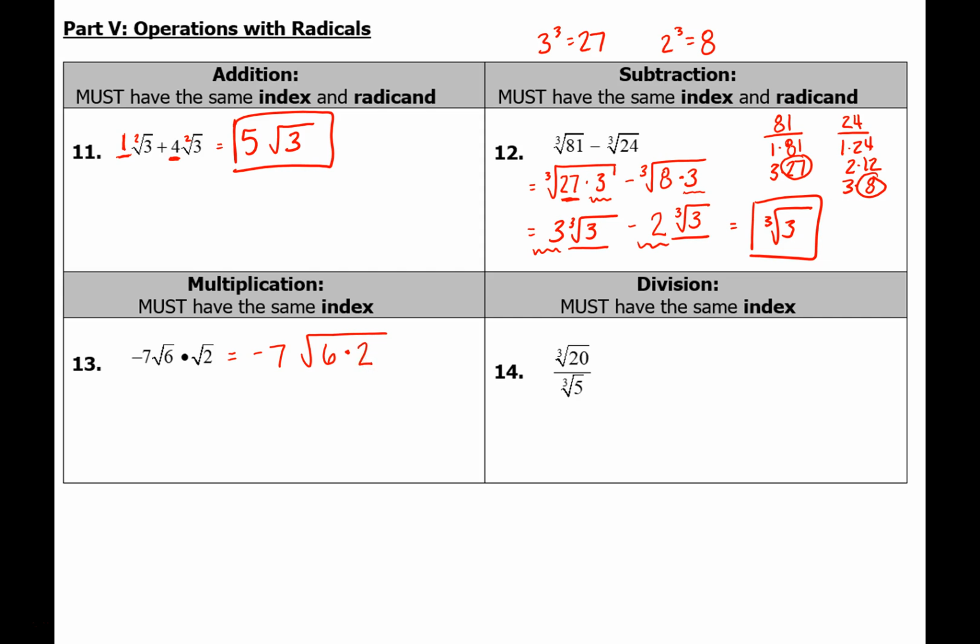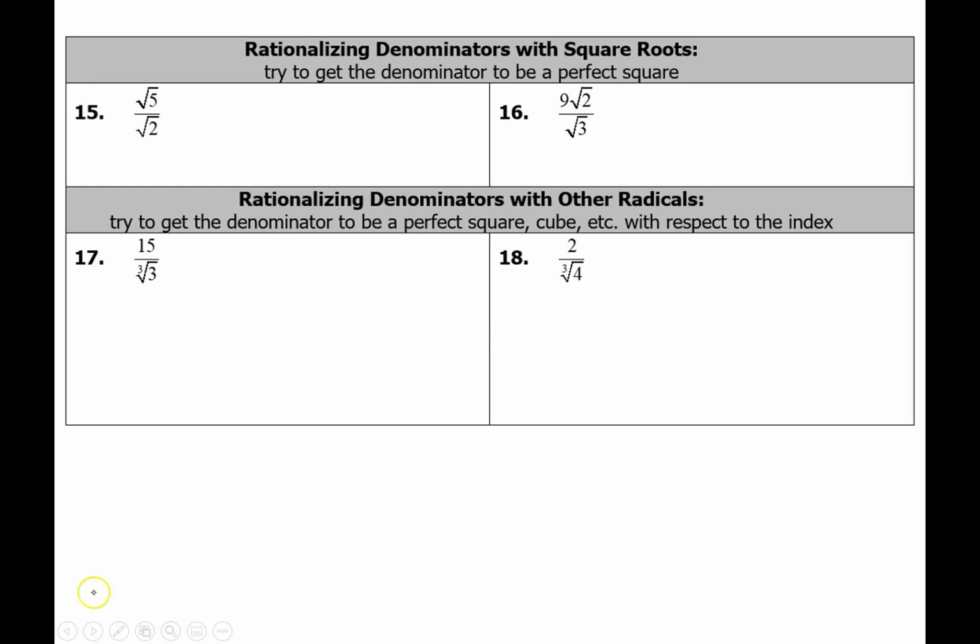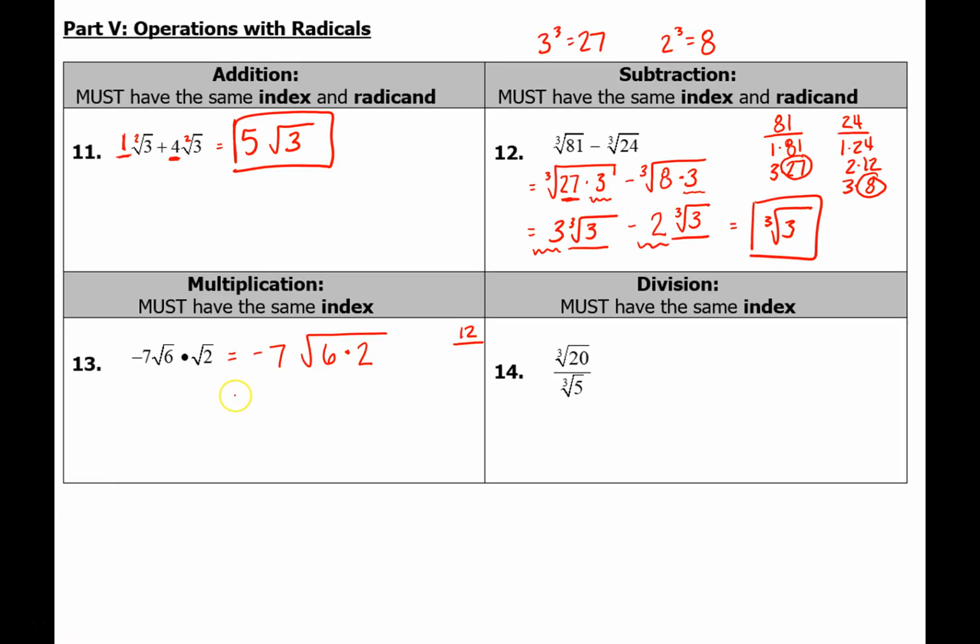Now, you can write this as a 12 and make your list of factors, or you can break the 6 up, whichever you would prefer. So if I break the 6 up, just to do another way so you see lots of options, 6 is the same thing as 3 times 2, and then I have this 2 that's going to come down. And then I am taking a square root, which means I'm looking for a set of 2, a pair, and I have a pair.